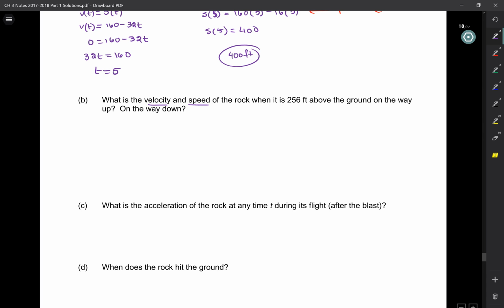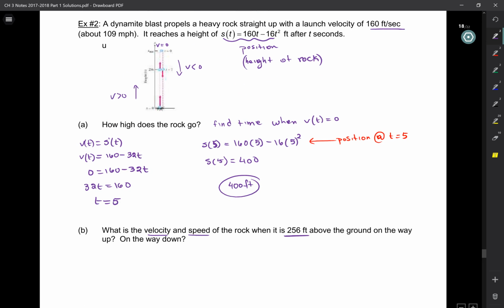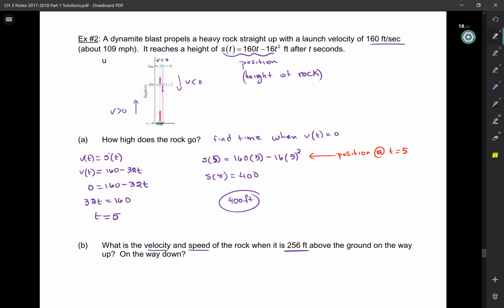So what is the velocity and the speed of the rock when it is 256 feet above the ground on the way up? And how about on the way down? Okay. So, 256 feet above the ground. We just said here that it went up 400 feet, right?